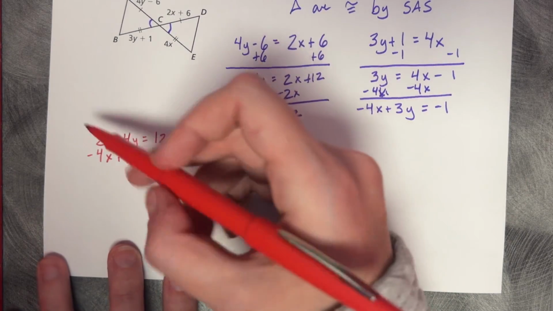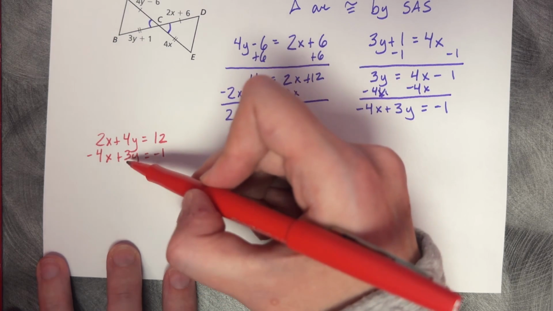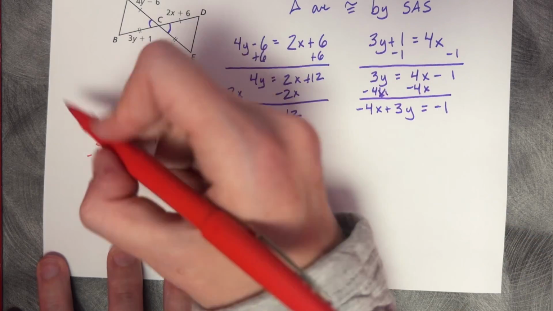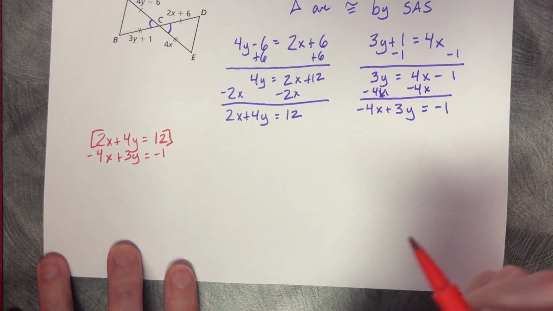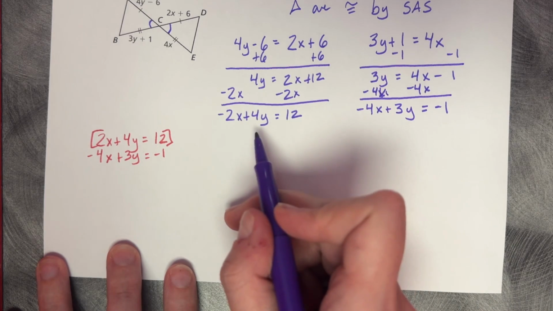Now recall, for an elimination problem, we're trying to get rid of either the x's or the y's using zero pairs. 2 and negative 4 could become a zero pair quickly if I multiply, I think I dropped a negative. I did. Let me pick it back up. This is a negative 2x. I apologize. I subtracted 2x but forgot to bring it down.